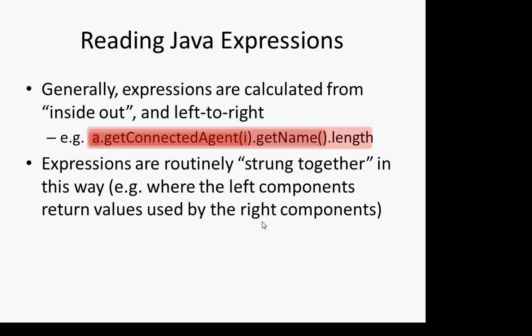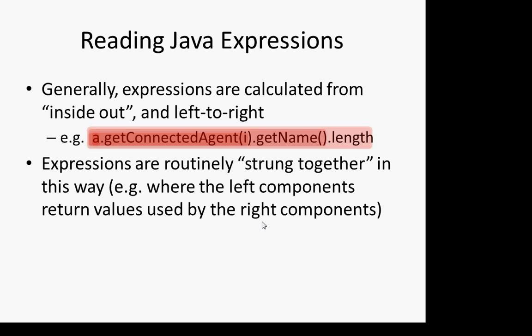So if you see an expression like this, I've tried to color code it by the order in which it's executed. You have to start looking left to right. I have this reference A, and then I call its getConnectedAgent method with this argument I. So I'm asking for its I plus 1 agent to which it's connected. If I were 0, it would be its first connection, conceptually speaking, and if I were 1, it would be its second connection.